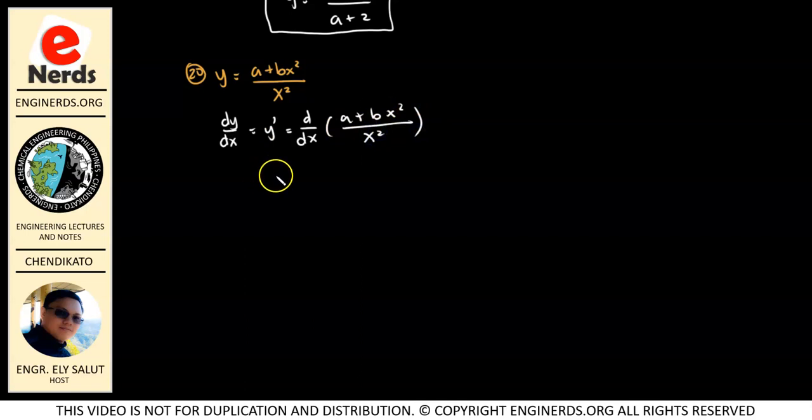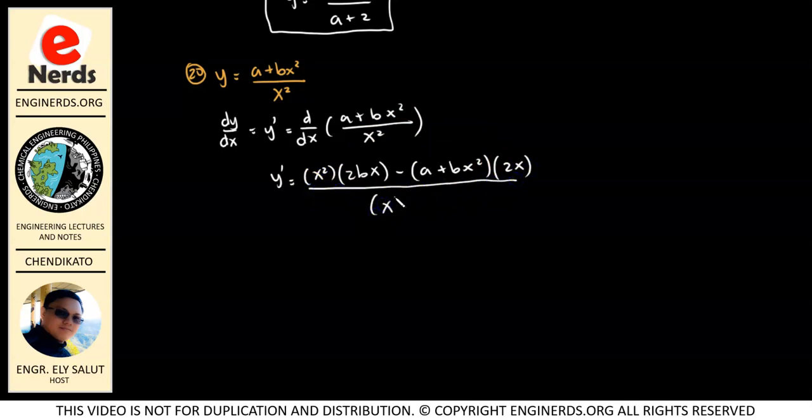Then y prime is equal to, copy the denominator, which is x squared, times the derivative of our numerator, which is equal to 2bx, minus, copy our numerator, a plus bx squared, then get the derivative of our denominator, which is 2x, over the square of our denominator.